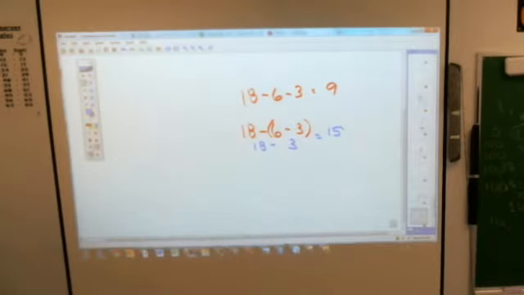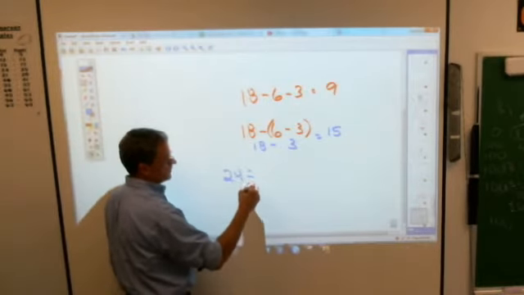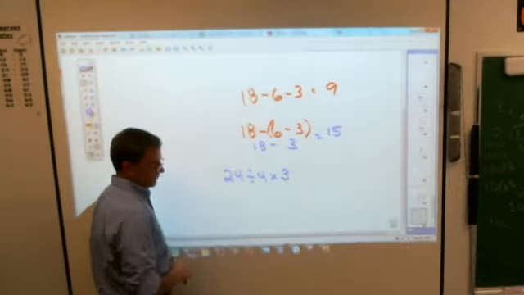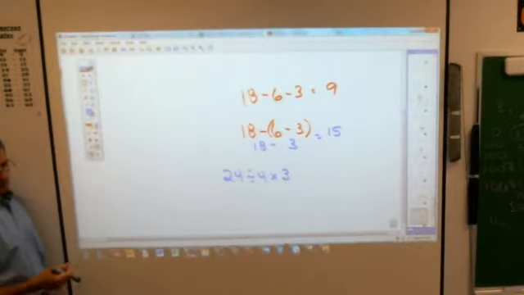Or another example would be this. Let's not do any hard ones here. 24 divided by 4 times 3. You might look at that and go, well, that's pretty easy because 4 times 3 is 12, and 24 divided by 12 is 2. Can't do it like that.